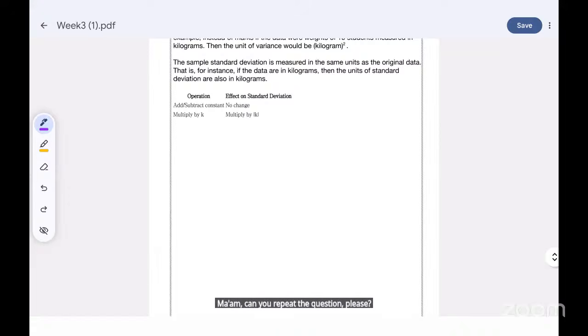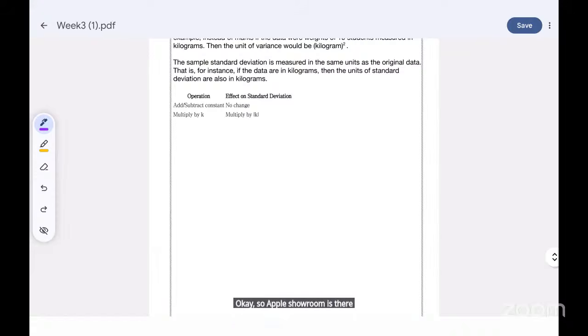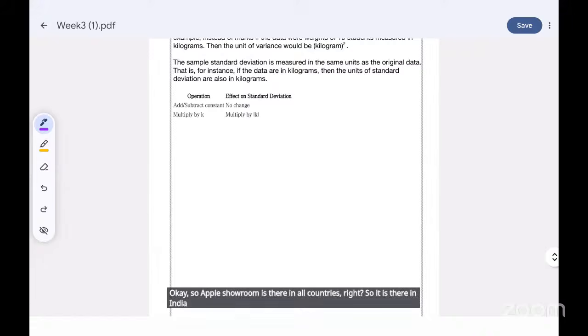There is a measure of dispersion which has no units, and why such a measure is important is also there. For example, suppose there are two branches of the same shop, let us say an Apple showroom. Apple showrooms are there in India, Europe and the US, and they want to understand how much the sales vary in a month.